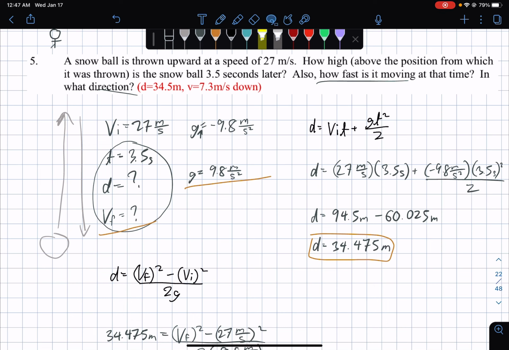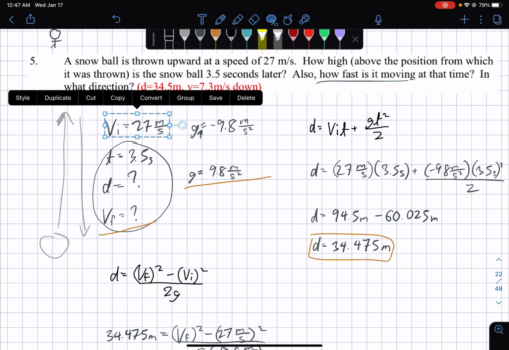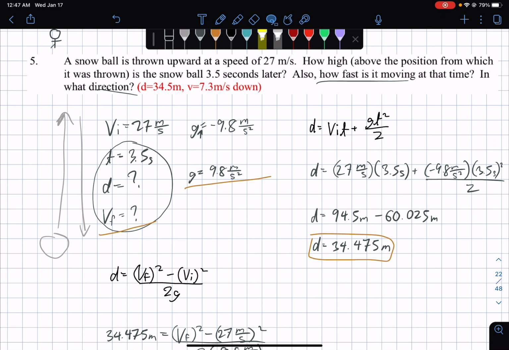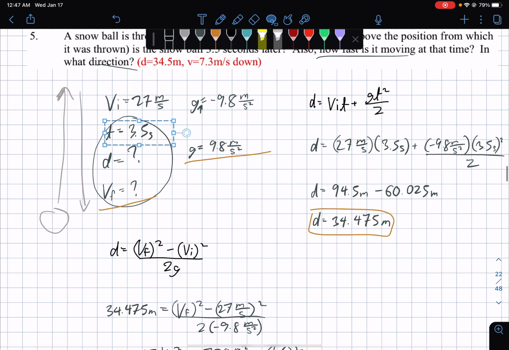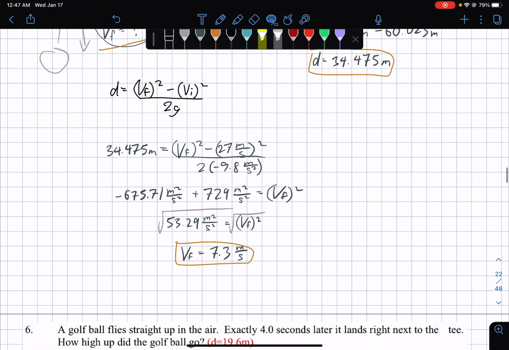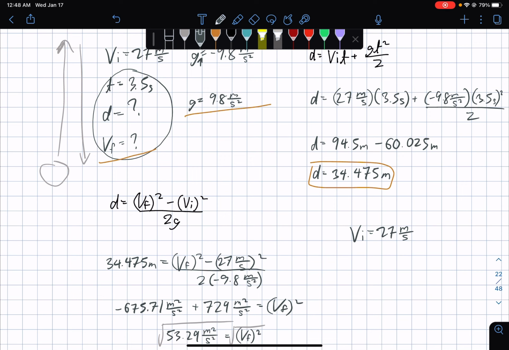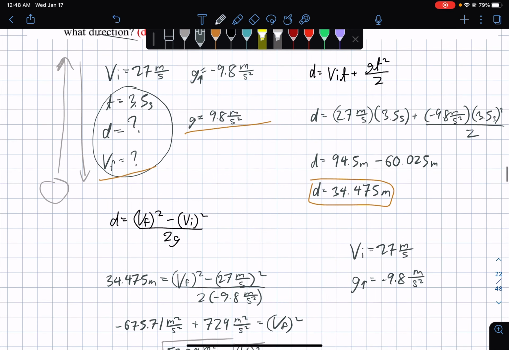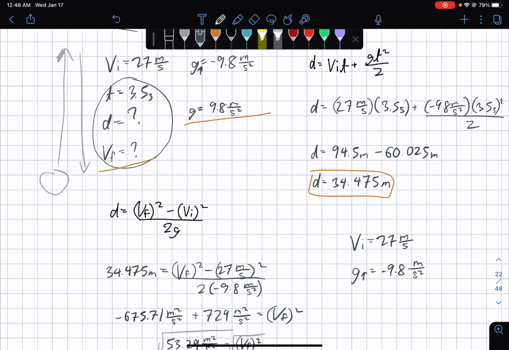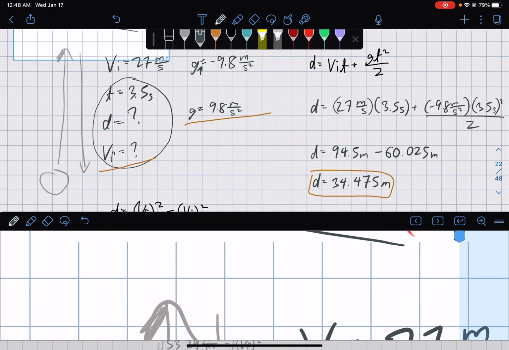Okay, this is how we try to identify the direction. We're not going to use the time 3.5 seconds. We'll solve for that in the meantime. We have gravity. So Vi, with gravity going up, is negative 9.8 meters per second squared. Distance is missing. Sorry about that.